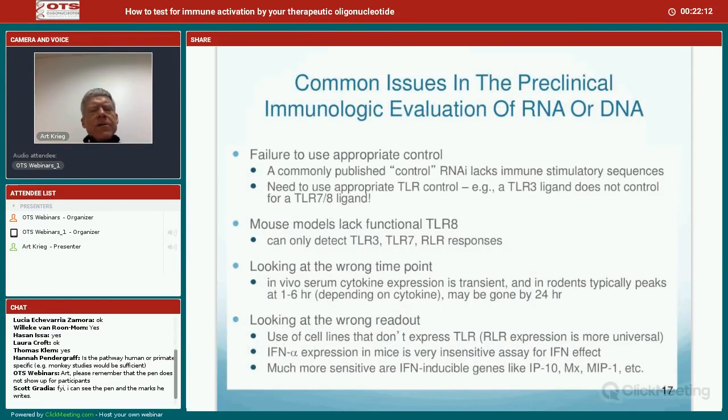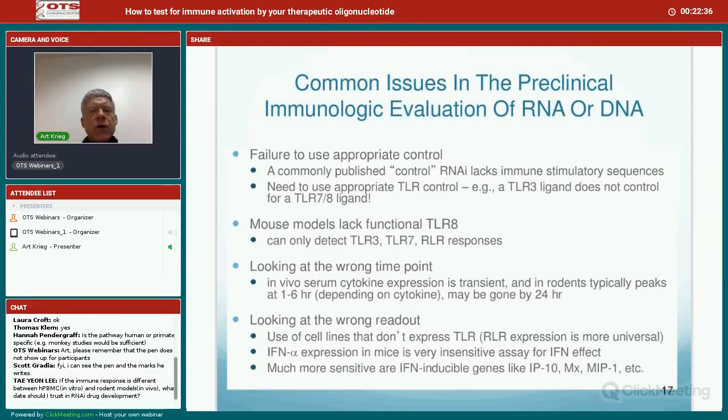Now, some of the issues that we see again and again in the published literature with immune evaluation of RNA or DNA, where people have said they didn't see any immune effects. One is failure to use an appropriate control. In the RNAi literature especially, there's a widely available commercial control RNAi that just happens to lack any of the immune stimulatory sequences that trigger TLR7 and TLR8.